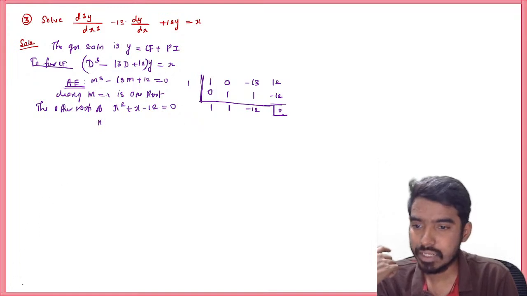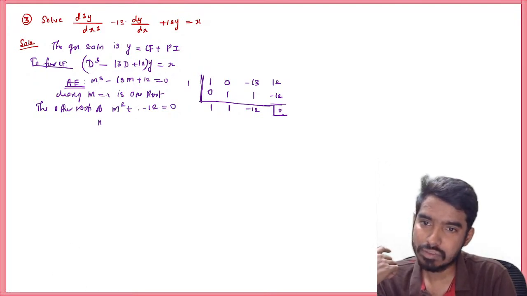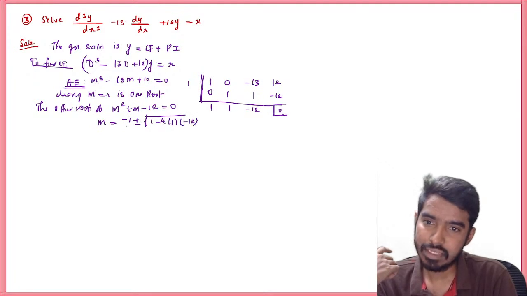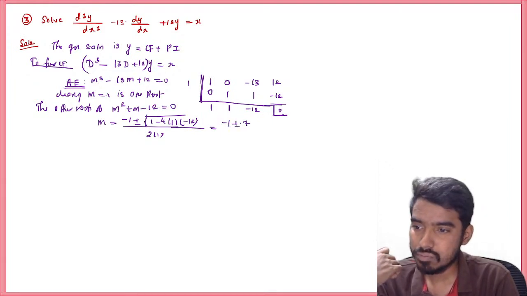We will write m square instead of x square, because it is in m. So this will be m square plus m minus 12. The other two roots are minus 1 plus or minus root of b square minus 4ac, divided by 2a. So it is minus 1 plus or minus root 49, which is 7, by 2.